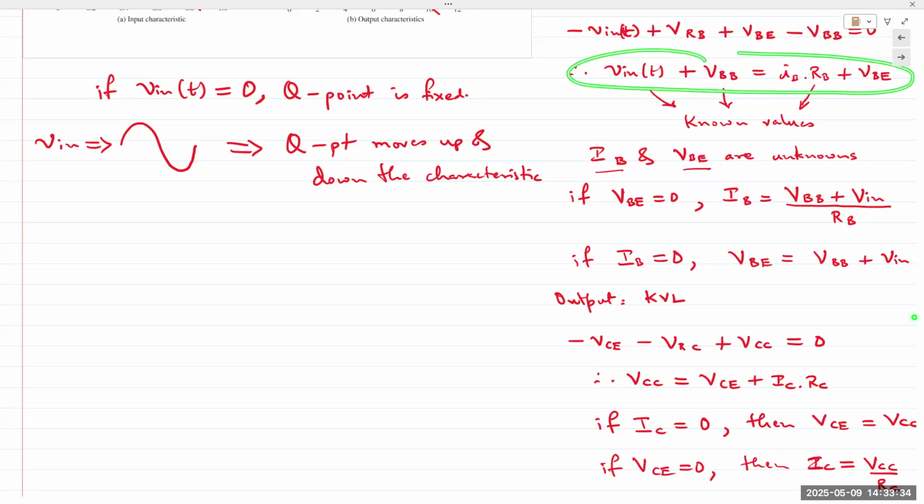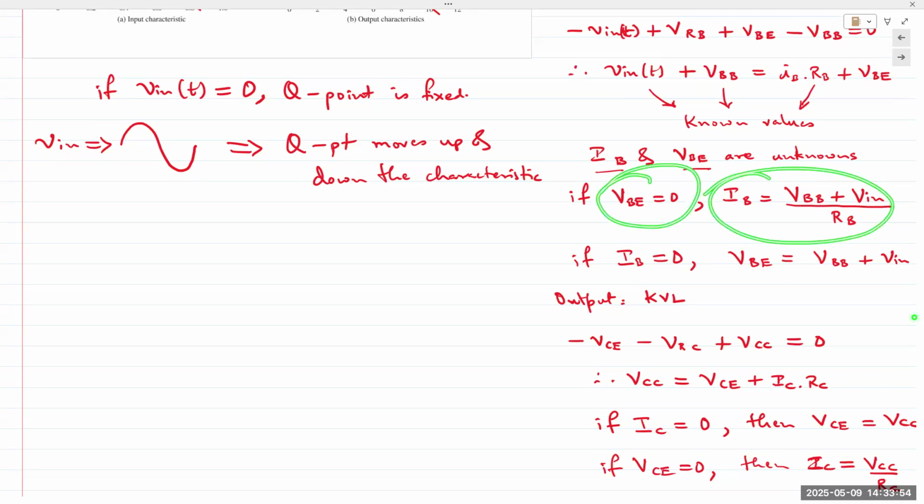This equation describes the line that we're going to plot, meaning it's describing the load line. We have 2 unknowns in there. To determine the values of those 2 unknowns, we plug in the coordinate values as 0, 0. If VBE is 0, you obtain a value for IB. If IB is 0, you obtain a value for VBE.